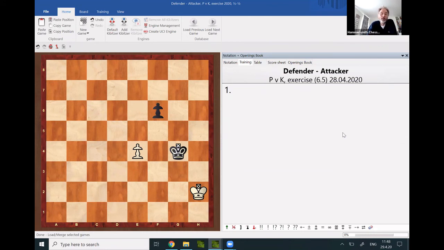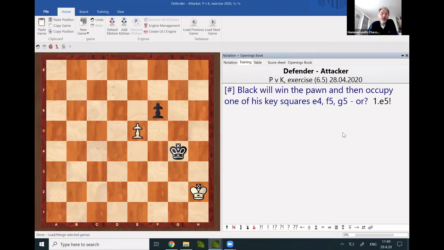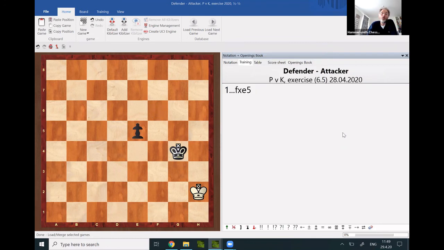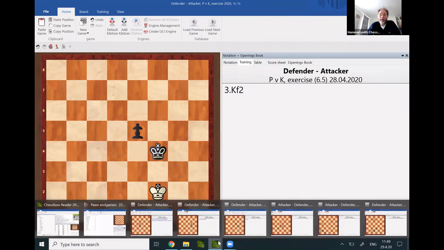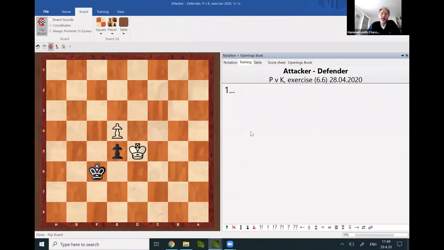Having seen the first 2 examples, I think that is again easy. e5 brings you into direct opposition, and there is no way for black to win. Now we have seen 3 examples of opposition. Now black to move and draw.